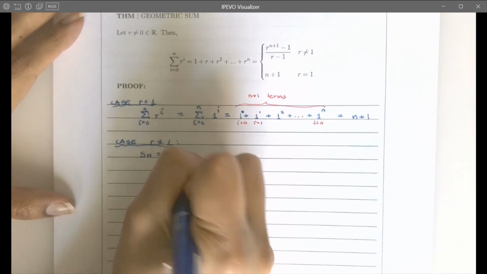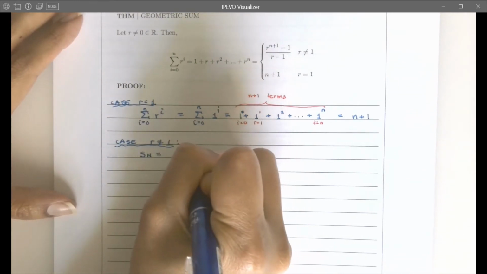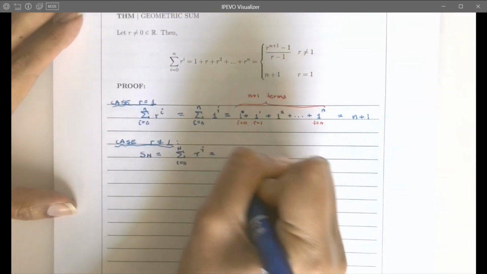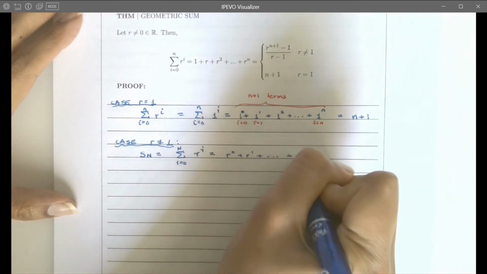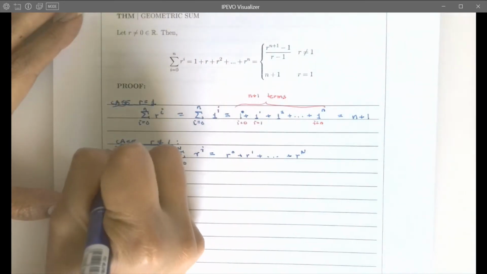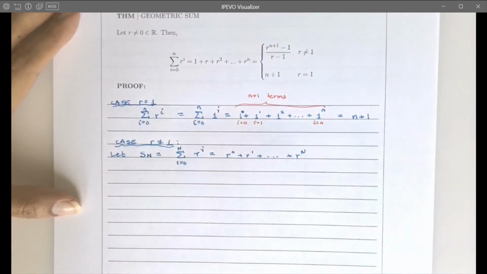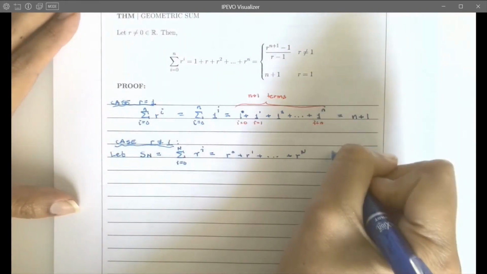So I'm going to go from I equals 0 to capital N of R to the I, which is R to the 0 plus R to the 1 plus all the way down to R to the capital N. Okay, so I'm going to say let Sn be this expression, which is a partial sum.